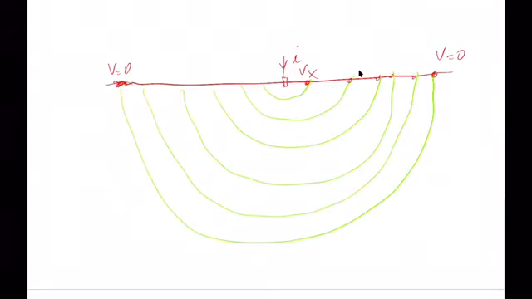If you have a current I flowing like this, you will have that voltage. Similarly, if the current is negative I, you will have the same voltage drop, but of course the voltage will be minus Vx there and 0 at the end. Understand?